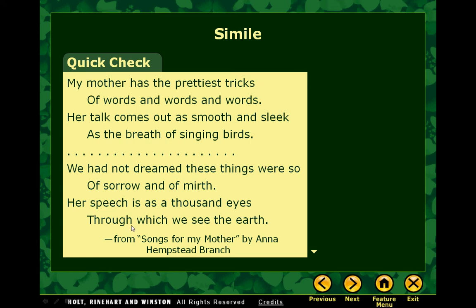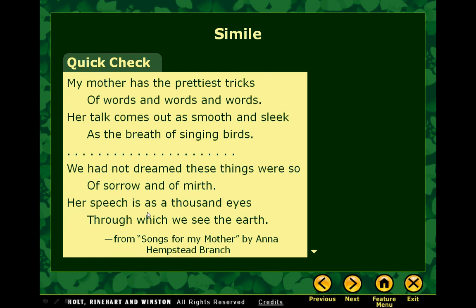Great. Now let's look at these lines and let's look for another simile. We had not dreamt these things were so of sorrow and of mirth. Her speech is as 1,000 eyes through which we see the earth.